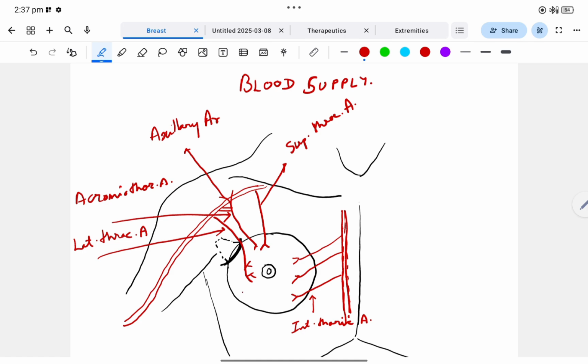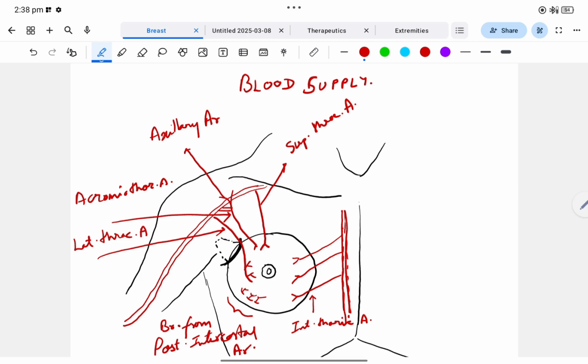And the last arterial supply is from the lateral branches of the posterior intercostal arteries. Now these are the branches from posterior intercostal arteries.